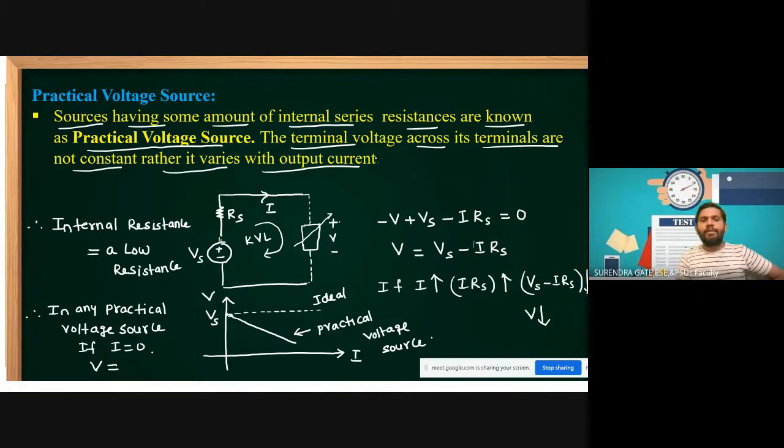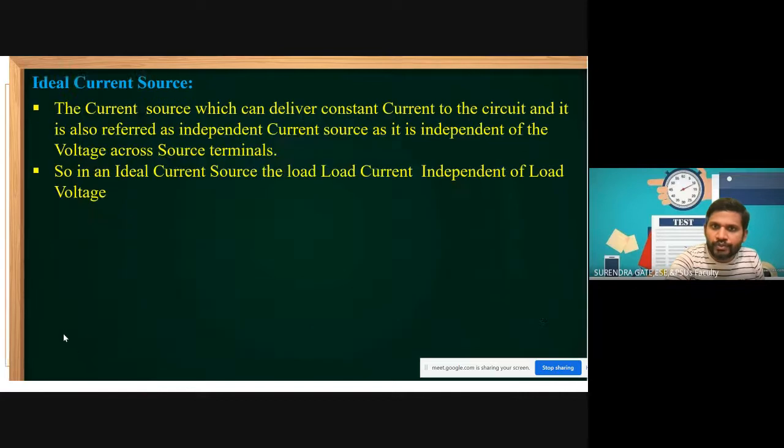It is the source voltage, because no current means no drop. That is why the terminal voltage equals the source voltage. This observation is also important. This is about the practical voltage source.